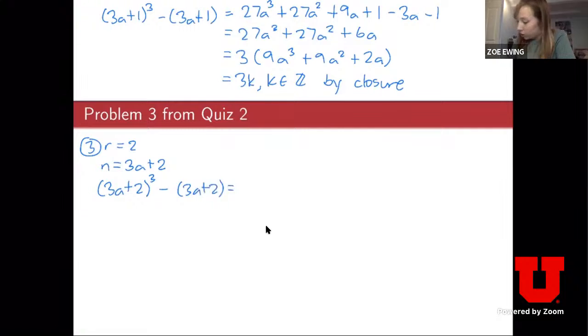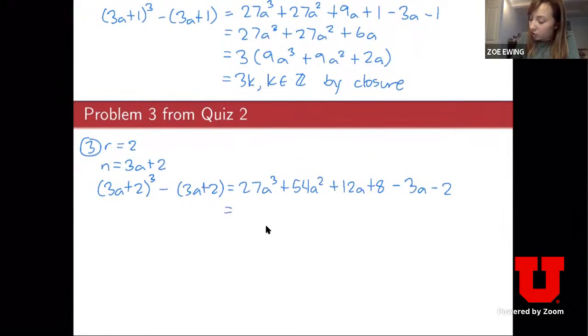This one is going to give us 27a cubed plus 54a squared plus 36a plus 8. And then we'll subtract 3a plus 2. So that is 27a cubed plus 54a squared plus 33a plus 6.